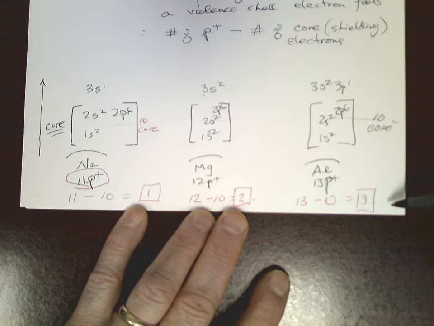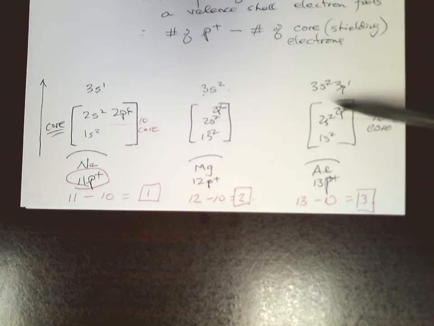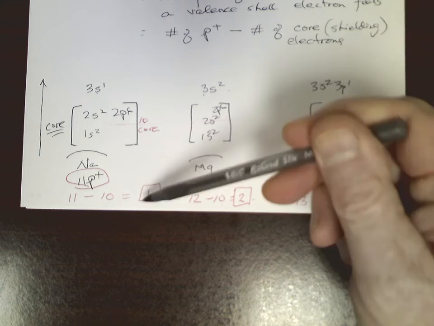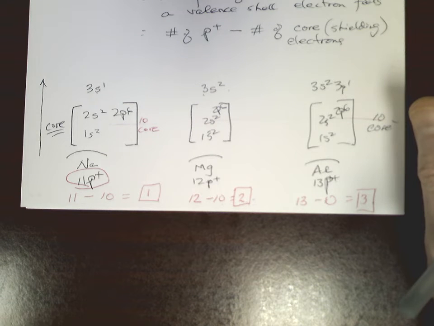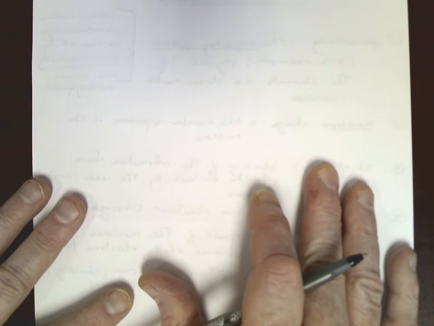Okay, so we don't just say, oh, they feel 11 or 12 or 13. We have to account for the shielding. So there we go. Effective nuclear charge has a calculation, and that's what you're going to want to use when you're describing a periodic trend. We want to use that effective nuclear charge value as we make our decisions about what's going to be happening in terms of periodic trends.